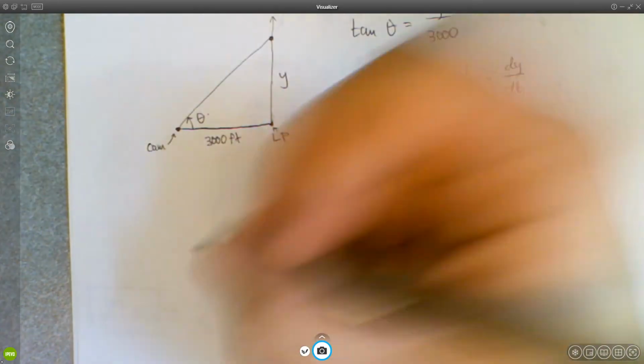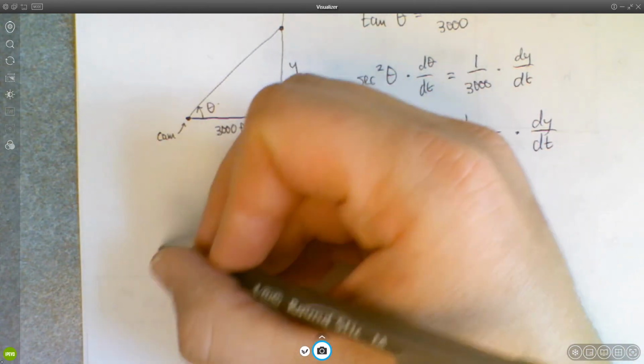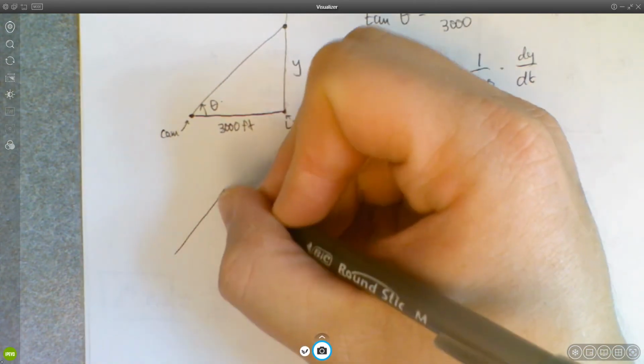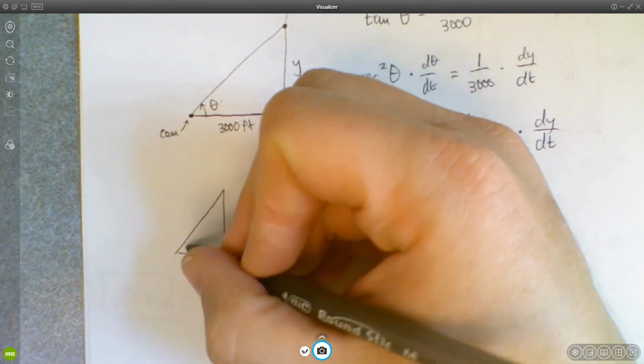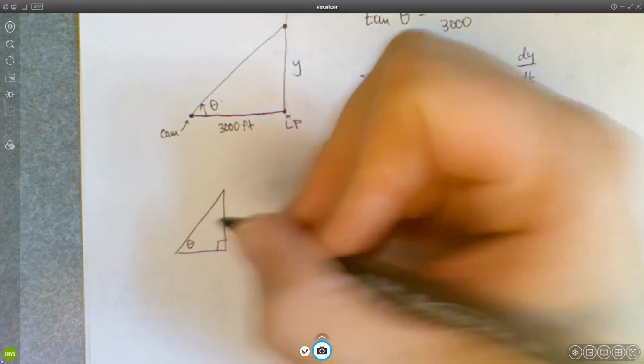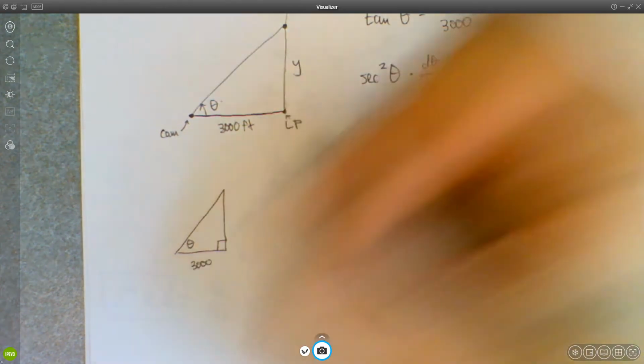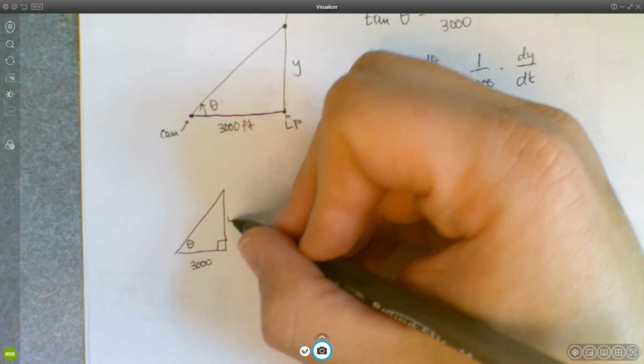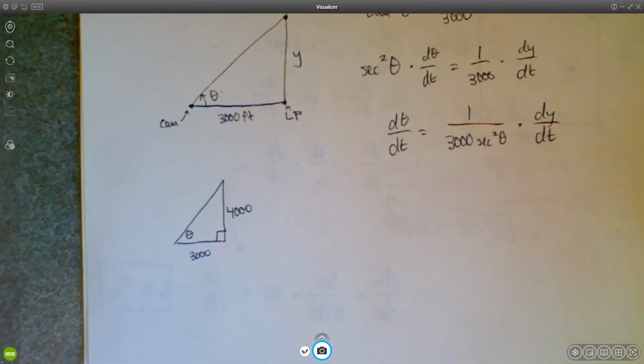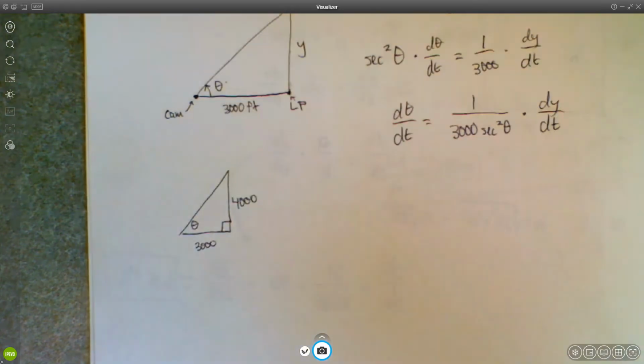So I'm going to draw another little right triangle here, kind of as some scratch work. We've got theta, we've got 3,000, and then y is 4,000. And so we can figure out what theta is. Actually, I don't really care what theta is, come to think of it.